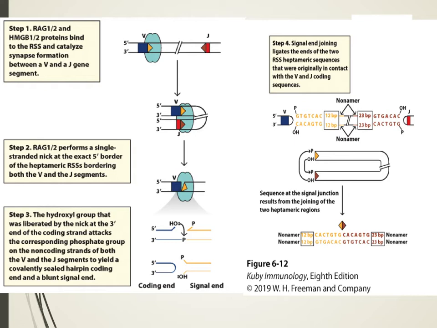And the same thing is also happening on our J, so that when you look at step 4, again on your variable region, but also on your J segment, you're getting that little sealing that's happening. So that allows for that interwoven DNA, that hairpin loop there, to be removed. So because it's based on those two nonamers with our spacers, everything in between is discarded.